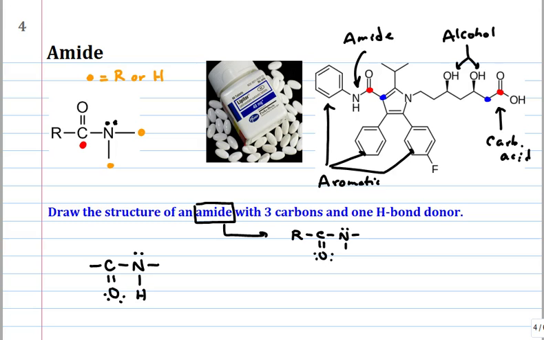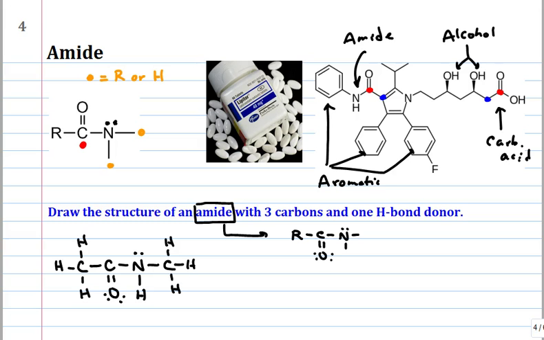Okay. I have satisfied the fact that we have 1 hydrogen bond donor. I just need to go back and make sure we've got 3 carbons. I already have 1 carbon shown, so all I have to do is add in 2 more.